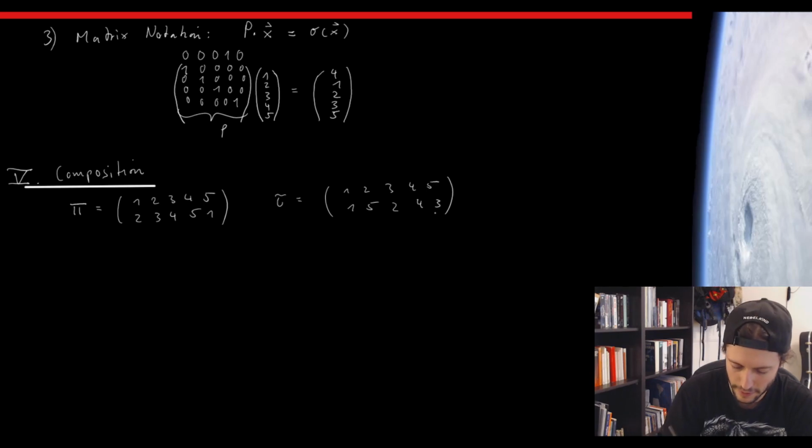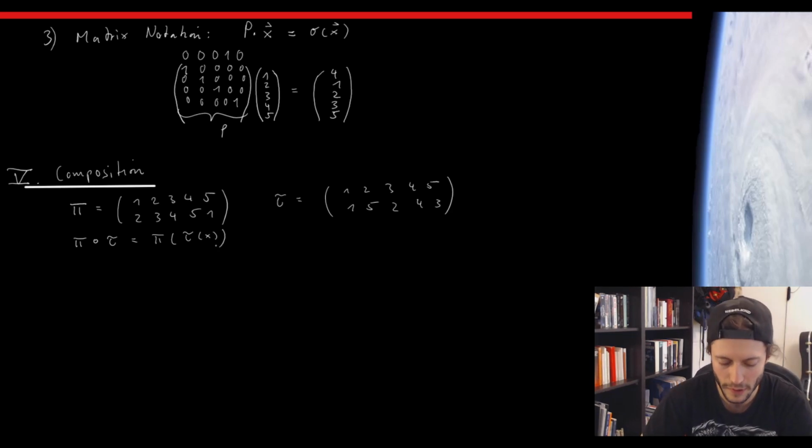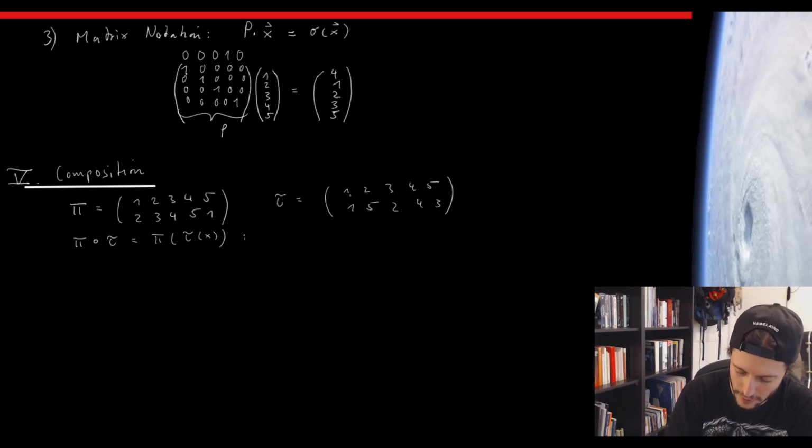Okay, so let's, for example, pick one element. Let's say what we're doing is pi composed tau, meaning first execute tau and then pi. So let's do this with some values. For example, let's take the 1.